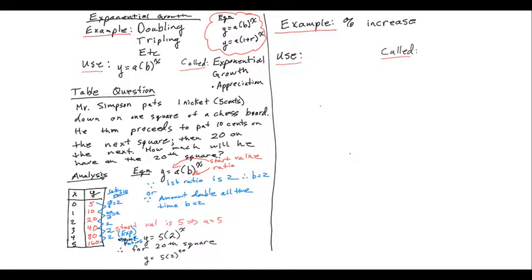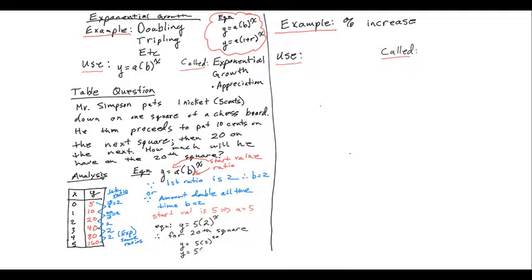Now you've got to remember that x represents the 20th square. So we end up with y is equal to 5,242,880 cents.